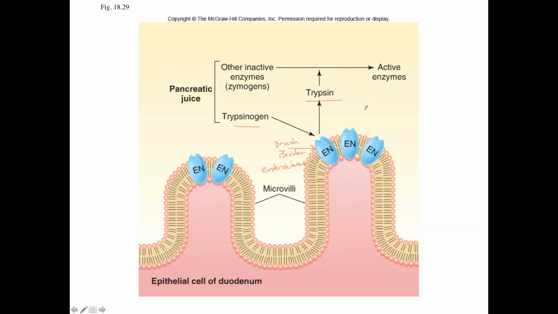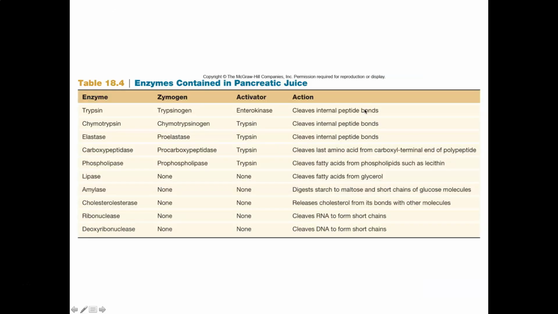So carboxypeptidase and aminopeptidase are generating those free amino acids that we can then absorb across the epithelial cells. So lots of enzymes from the pancreas that we use to digest proteins. So again, trypsin, chymotrypsin, elastase, and then of course this really important one, carboxypeptidase, which is one of those exopeptidases to create those free amino acids for absorption.